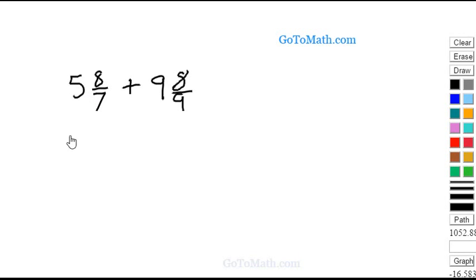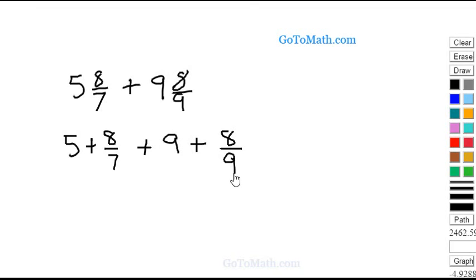Alright, so where are we at? We're going to expand all this stuff out. So we've got 5 plus 8/7 plus 9 plus 8/9, because we want to get this all into one single fraction. More likely it'll be an improper fraction. Now remember the definition: the numerator is greater than the denominator if it's an improper fraction.